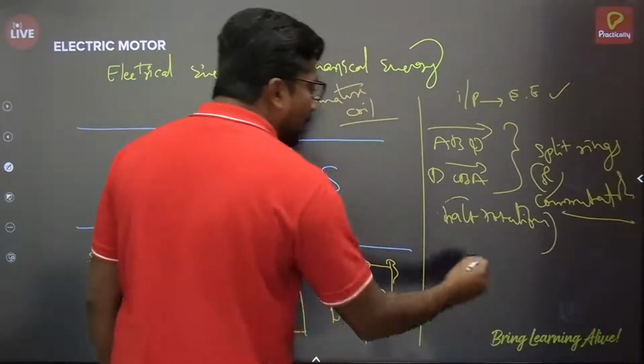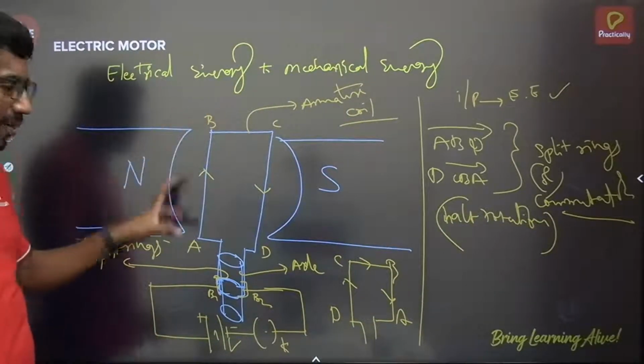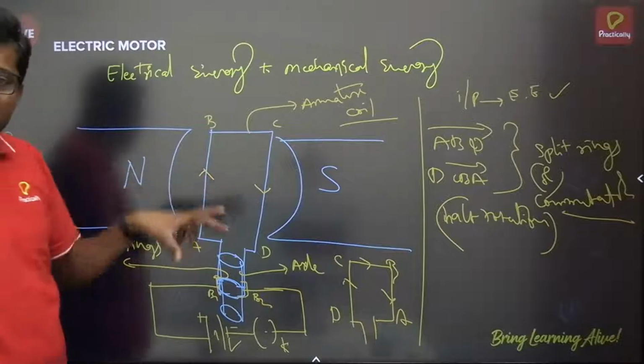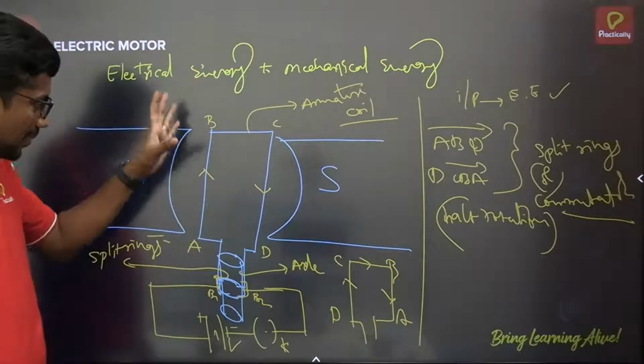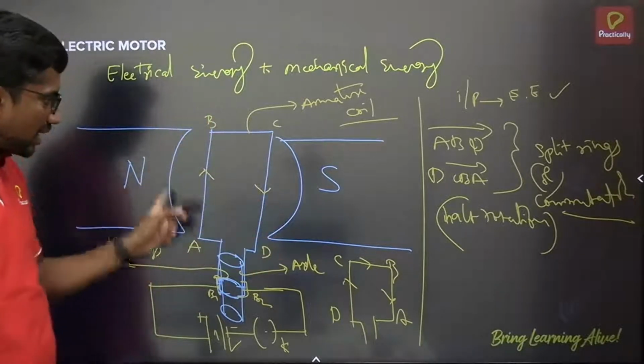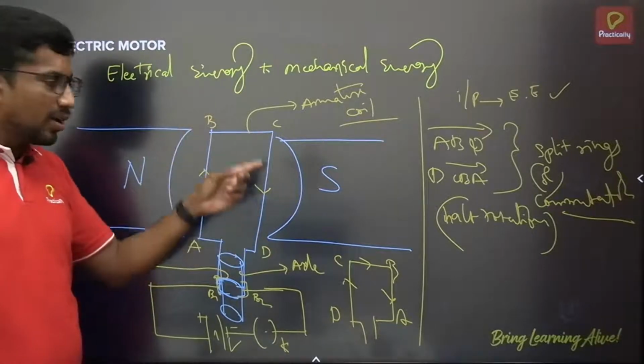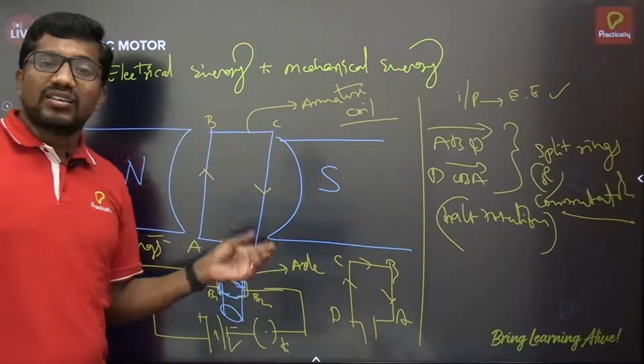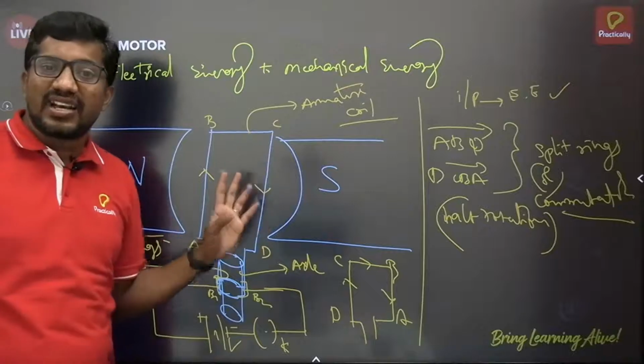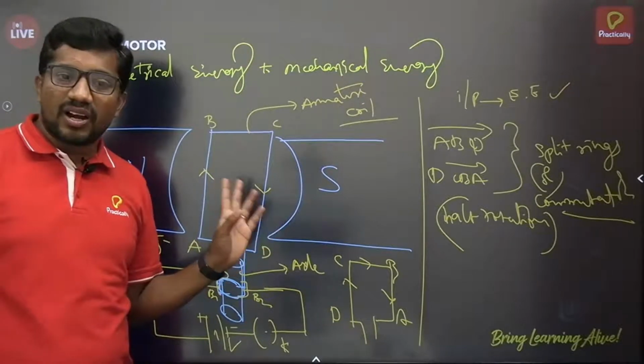So what will happen again? When DC comes here, if you apply Fleming's left hand rule again, it will be pushed further. So the coil will keep on rotating as long as electric current flows inside the coil.